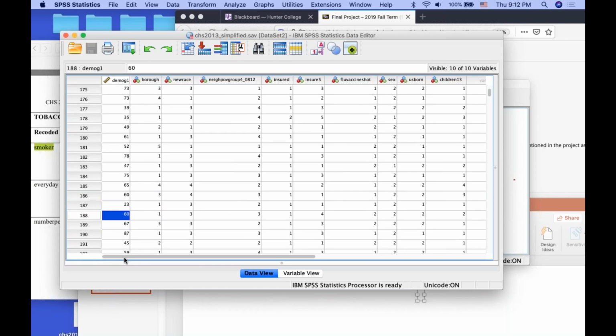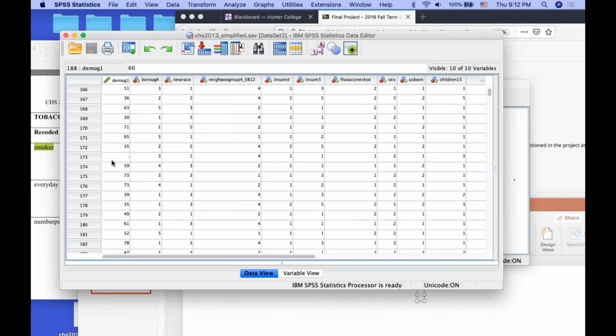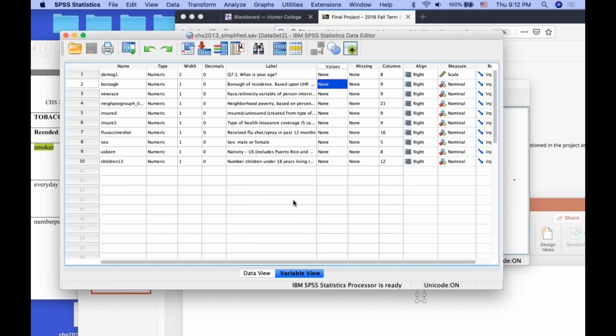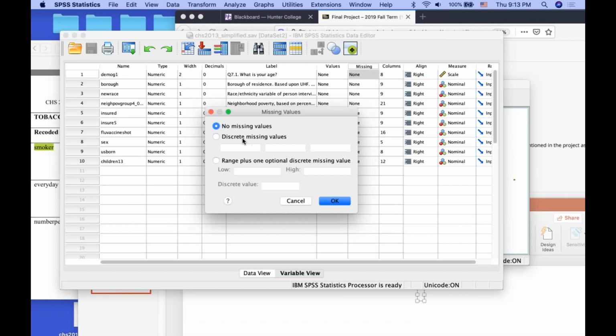But sometimes you may be uncomfortable with why they may be missing. So there's a couple of things. You can just tell it to ignore the missing variables, which will just ignore them as if they're not there. Or when you define the variable, you can give discrete values to the missing values.